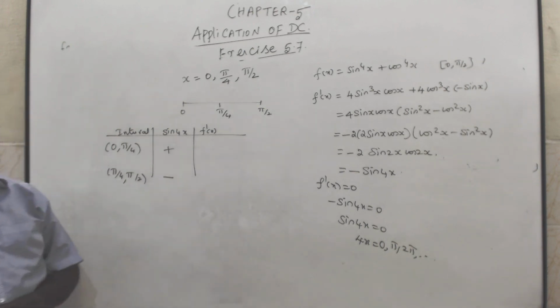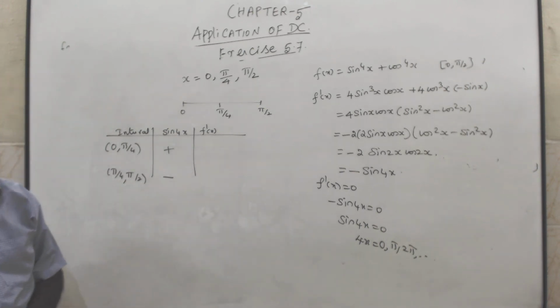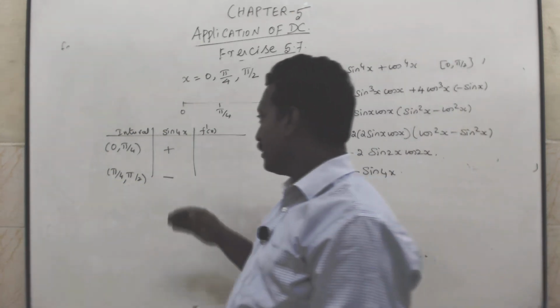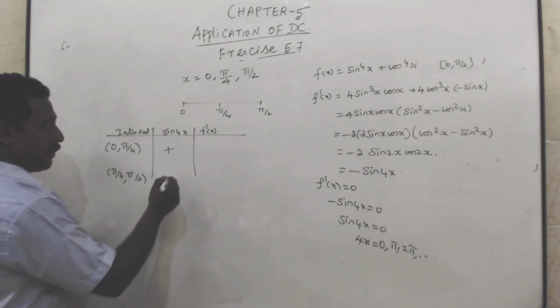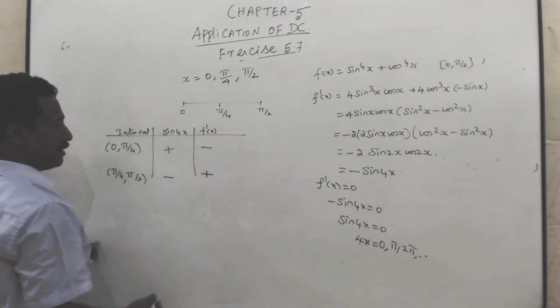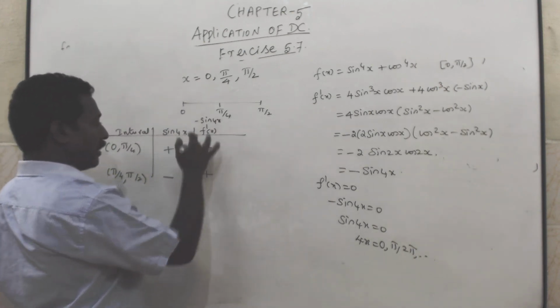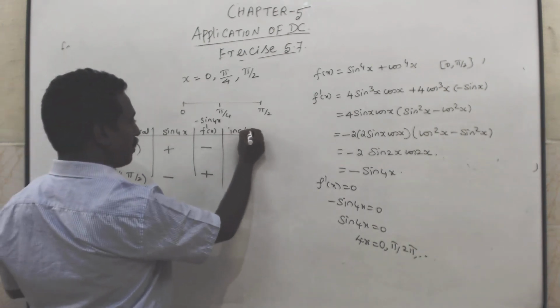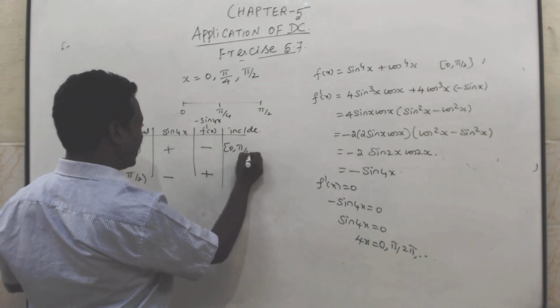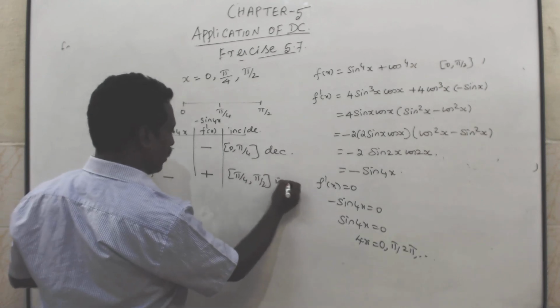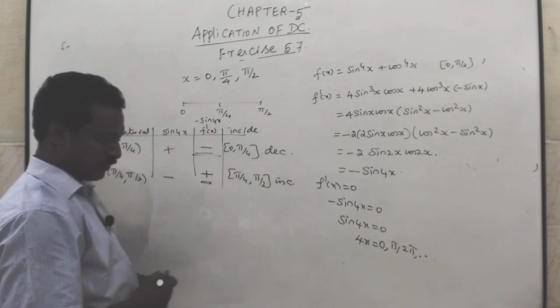So sin 4x is positive and negative, and it is multiplied by minus for f dash of x, so minus into plus is minus, and minus into minus is plus. Therefore 0 comma pi by 4 is a decreasing interval and pi by 4 comma pi by 2 is an increasing interval, because one is negative and the other is positive.